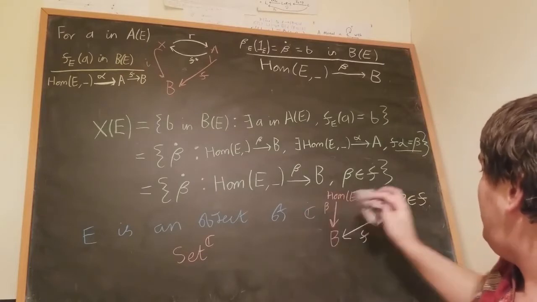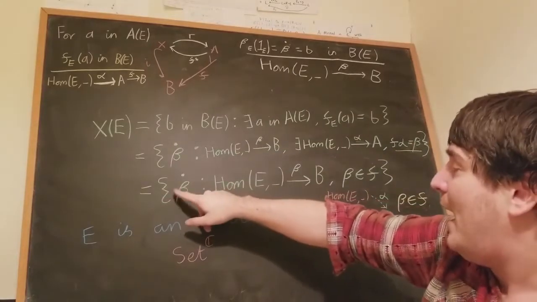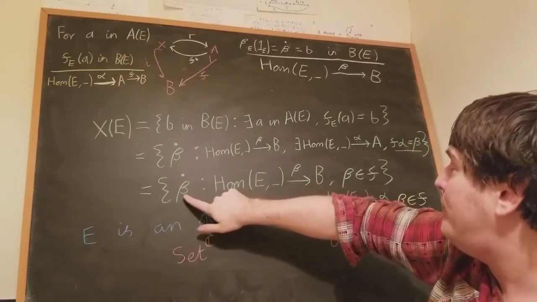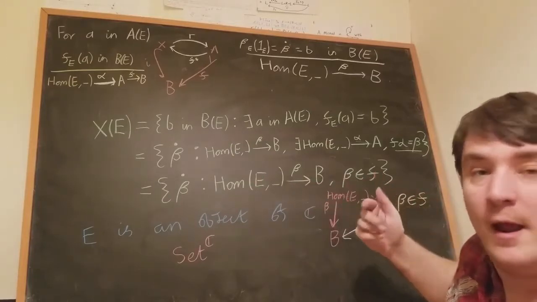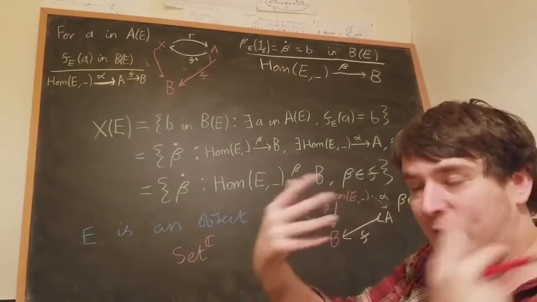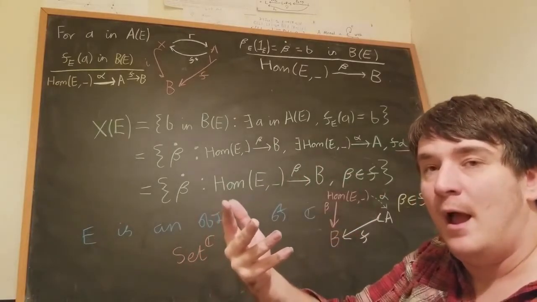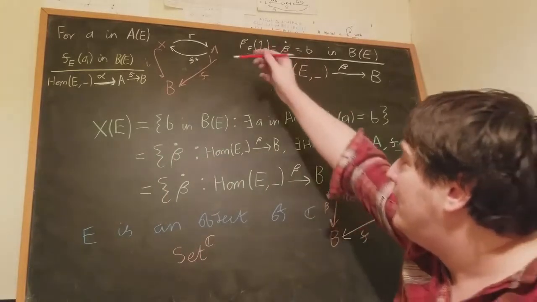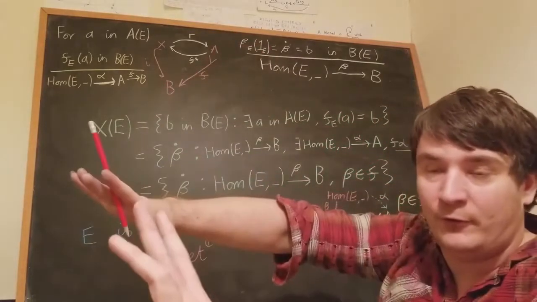So then we can rewrite this to just say that it's the set of elements of B of E under Yoneda correspondence with some beta, where beta is in f. Simple as that. This really makes a lot of sense because, for example, if you have a graph and some monomorphism into the graph, it's basically selecting a subgraph.